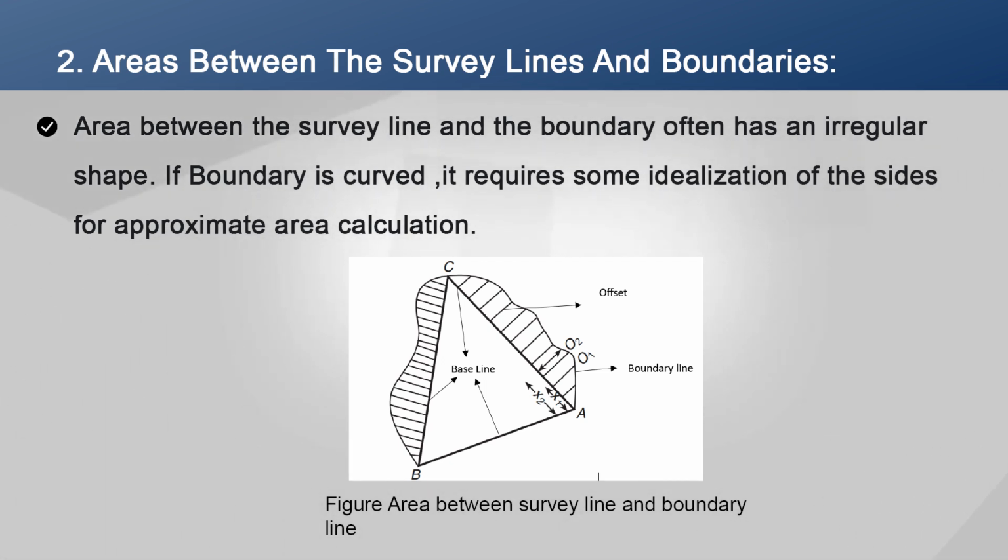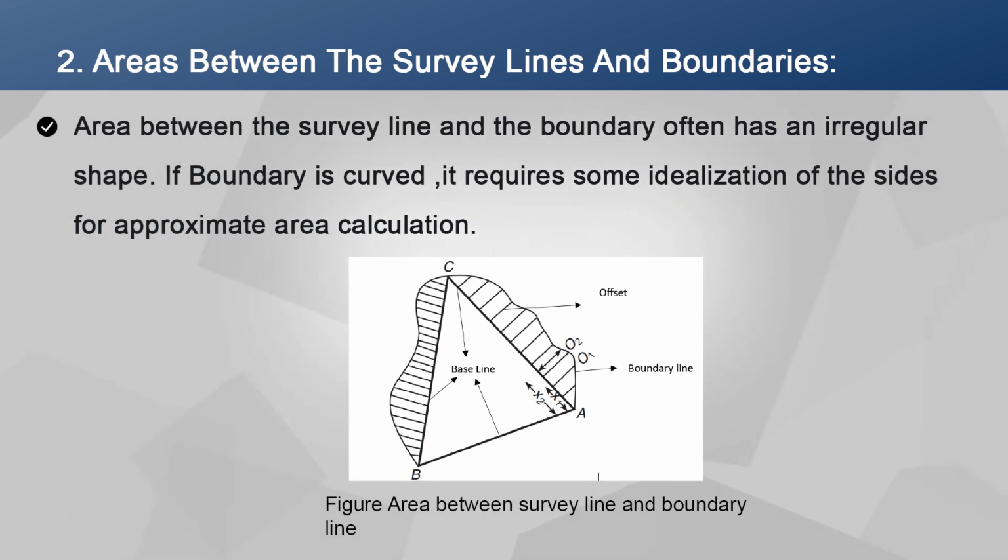Because generally during the survey work, the survey lines form a polygon and we can easily divide the polygon into triangles and rectangles. But in actual practice, the area between the survey line and the boundary will be an irregular shaped area, and calculation of this area will be a challenging task.